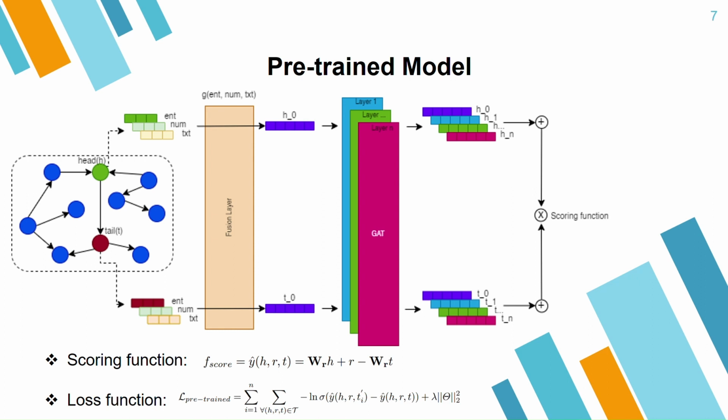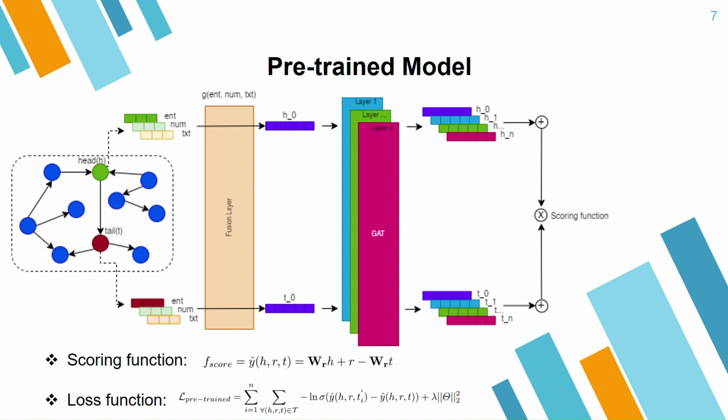And here we have n layers, and after each layer we receive the outputs of each layer, and then in the last step we concatenate all the layers to get the final embedding.